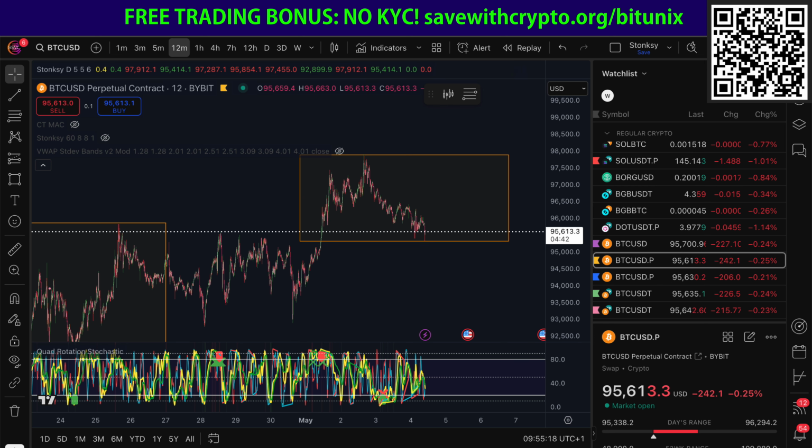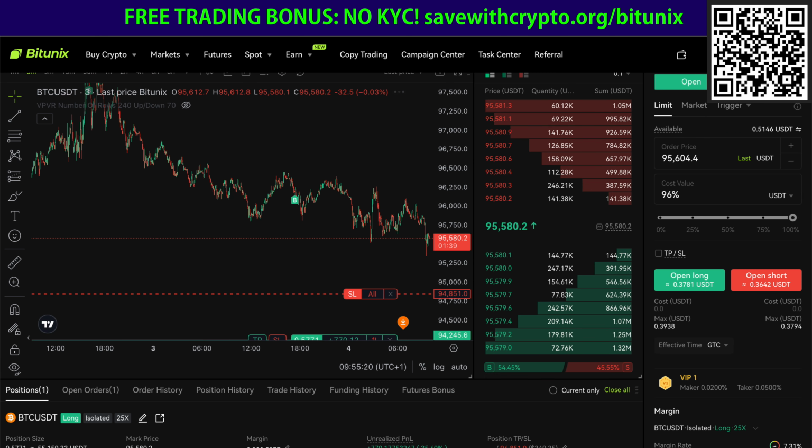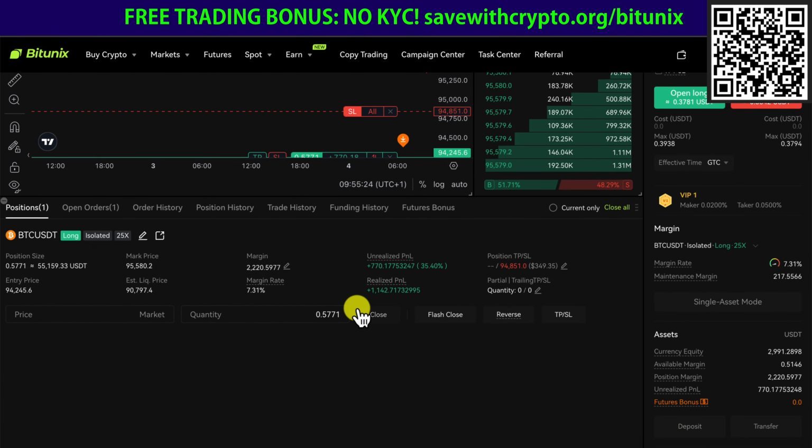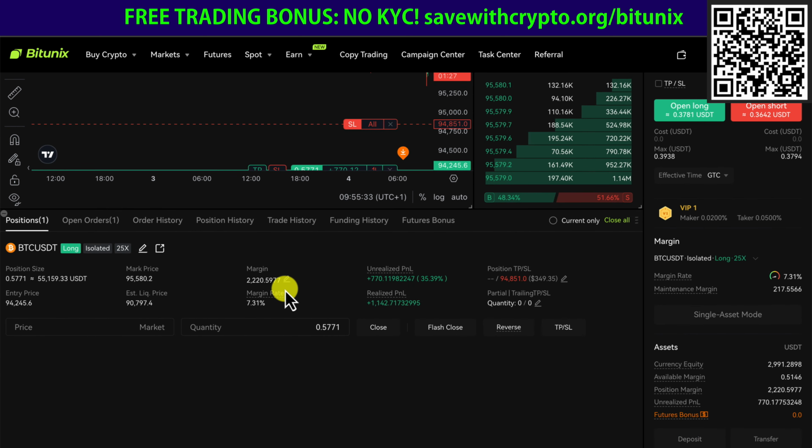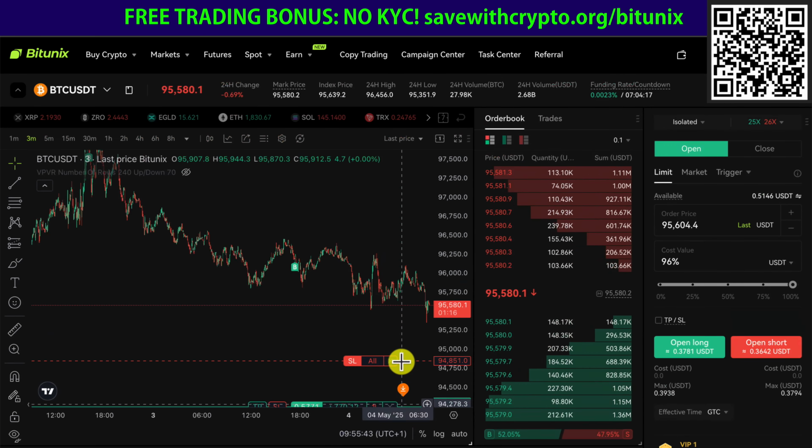Now, I've been trading this over on BitUnix, and I must admit, I absolutely love this exchange. It's great. I've got this trade. I started off with about $800 3 weeks ago, and it's now up to nearly 3,000, I think is what it's worth currently. If I was to close this trade right now, I've already taken $1,142 profit, and there's an unrealized profit and loss there of 770.